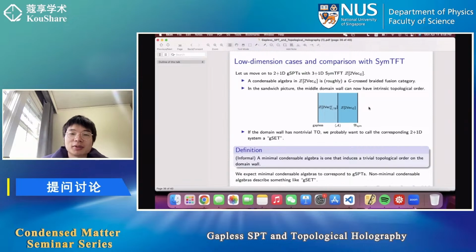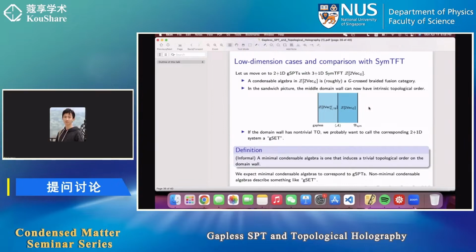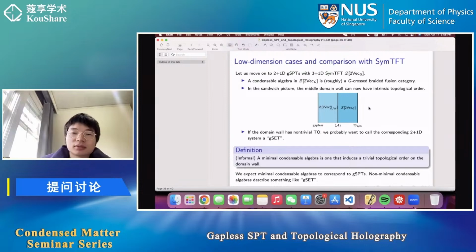So you mean that the minimal condition just means that the trivial sector of this G-graded braided fusion category is just trivial? Yes. Oh, okay.